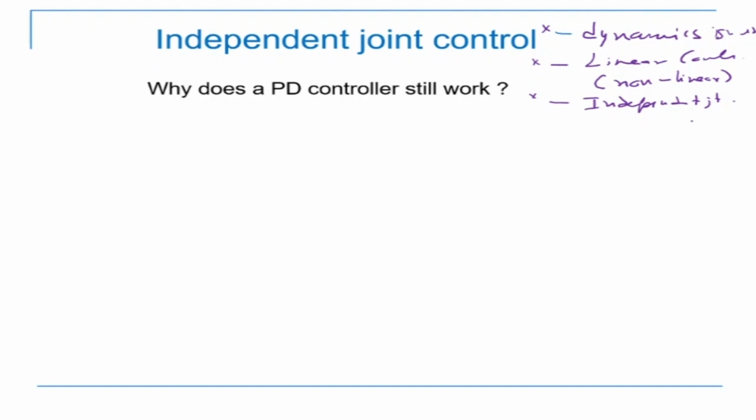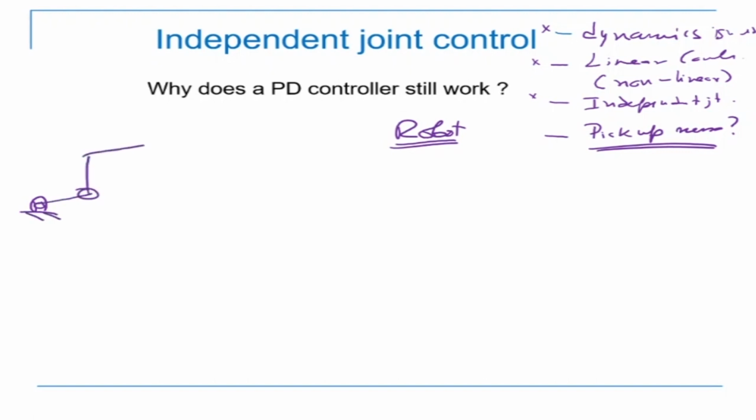Now for a robot, there is an even more difficult problem. Why? It can pick up mass and leave mass. This doesn't happen in other control systems, but in robotics this happens. The robot has an end effector, and the end effector can pick up a mass and leave the mass. So what does that mean?